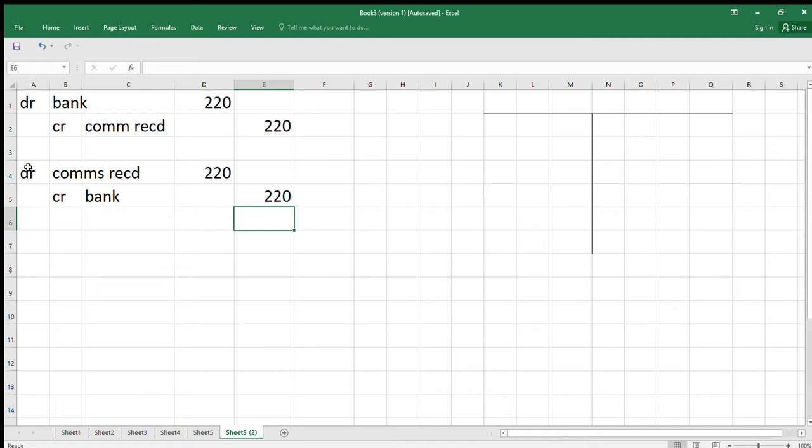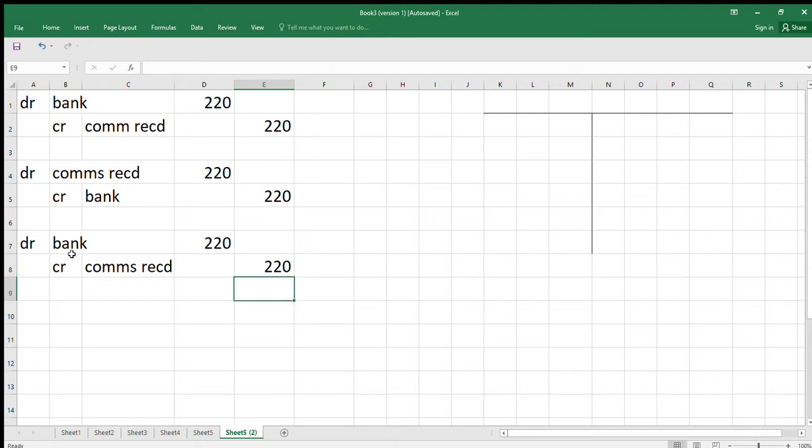Alright then, let's get on with this and just drop these in. So all we're going to do is reverse this one out first. So we're going to go debit bank 220, and we'll have credit comms received 220.